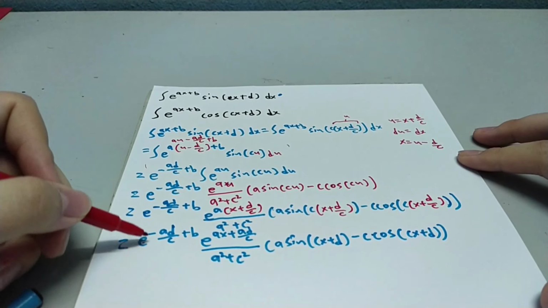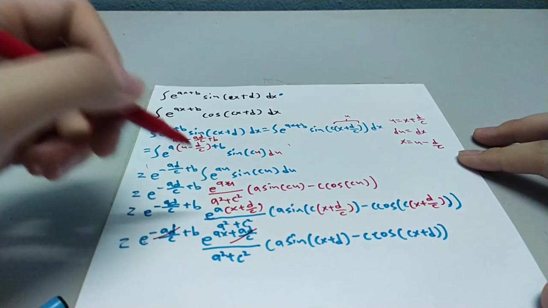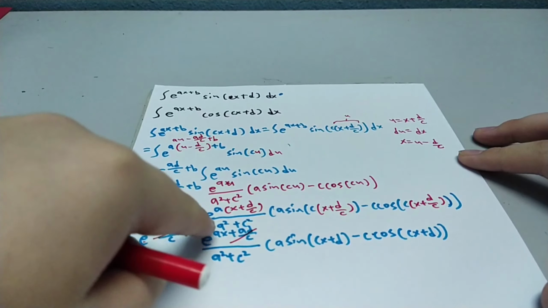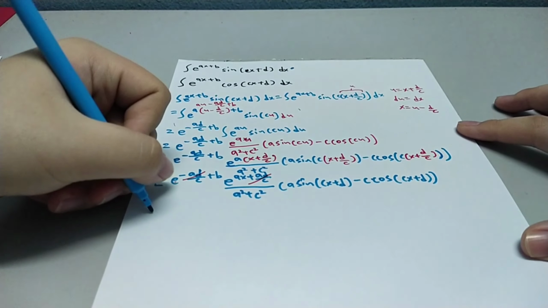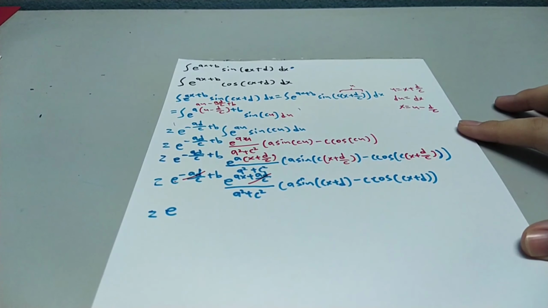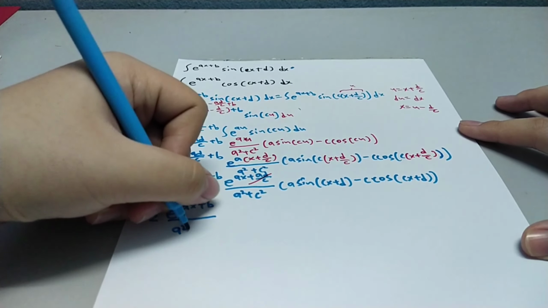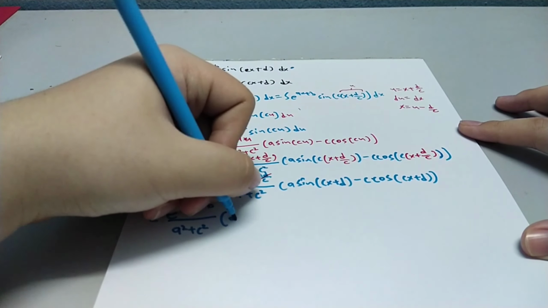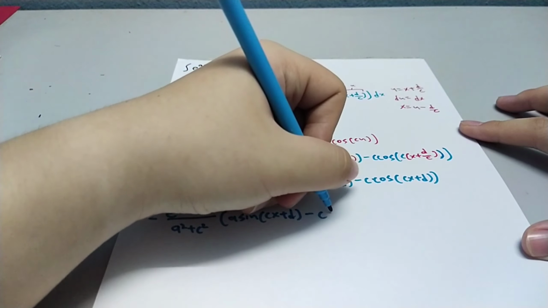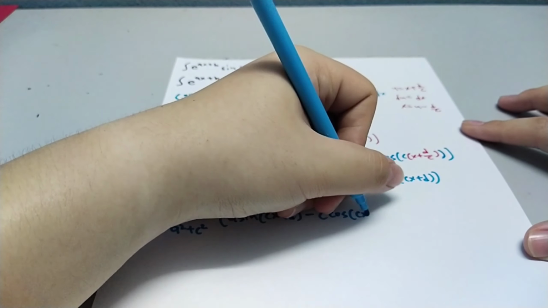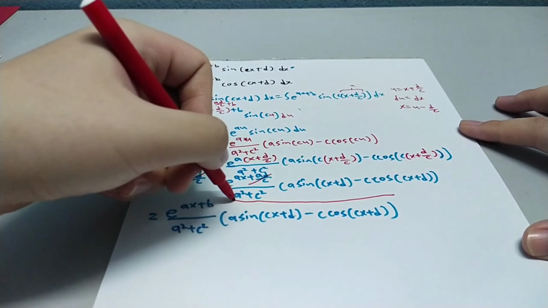And then what we can see is e power of negative ad over c and ad over c cancel out. And then combining e power of b times e power of ax, I will get e power of ax plus b over a square plus c square times a times sine of cx plus d minus c times cosine of cx plus d. And we are done.